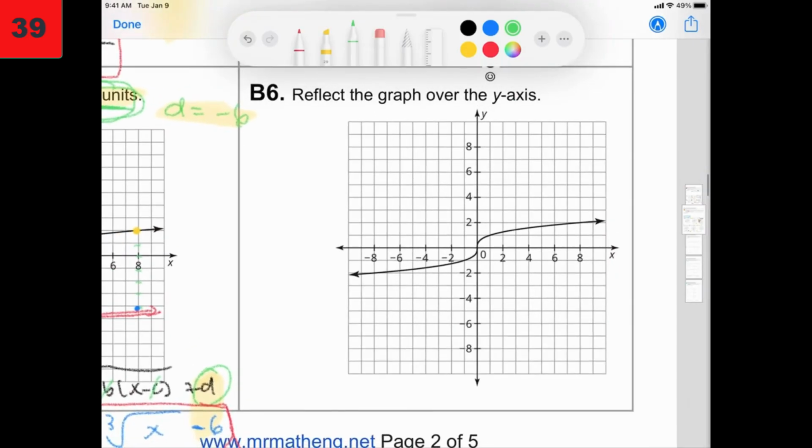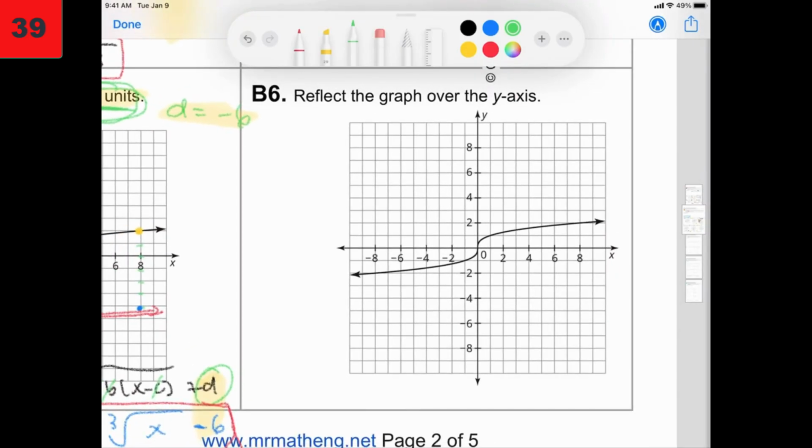So I'm just going to graph the reference points of a cube root. -8, -2. -1, -1, 0, 0, 1, 1, and 8, 2. There is the parent in green. Okay, to reflect over the y-axis, the y-axis is this one. So all the points are going to jump over.